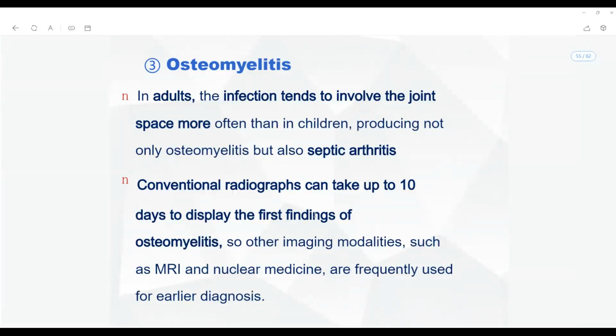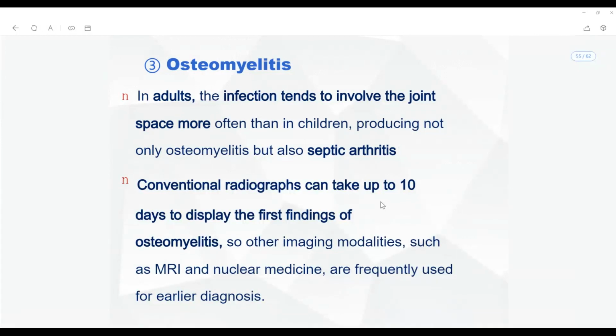So Codman's triangle is generally a characteristic feature of chronic osteomyelitis, and periosteal reaction is a characteristic feature of acute osteomyelitis. So you have to differentiate between acute and chronic osteomyelitis. If it is happening within 10 days, it is called acute osteomyelitis.